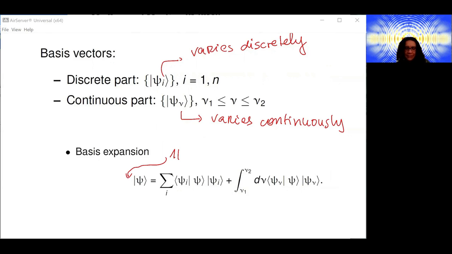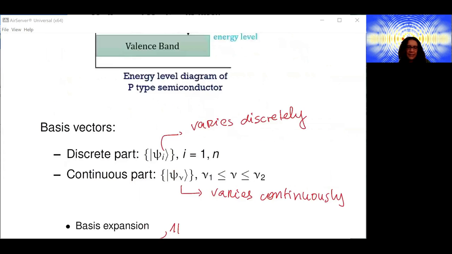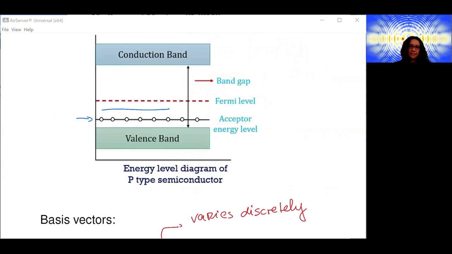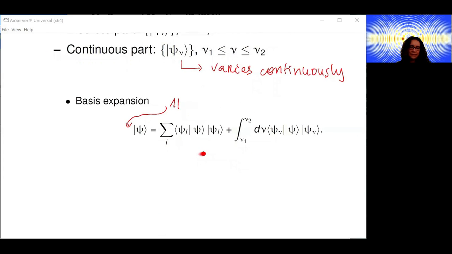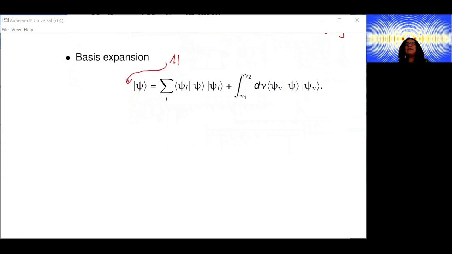But you have to be careful now, because your identity operator is given by this closure relation. So you have this discrete part and this continuous part. And when you insert this, then you get this sum over this part of your basis. And then you have this integral going from nu1 to nu2 over nu, considering then the continuous part of your basis. And this is something that is really, really important to take into consideration.